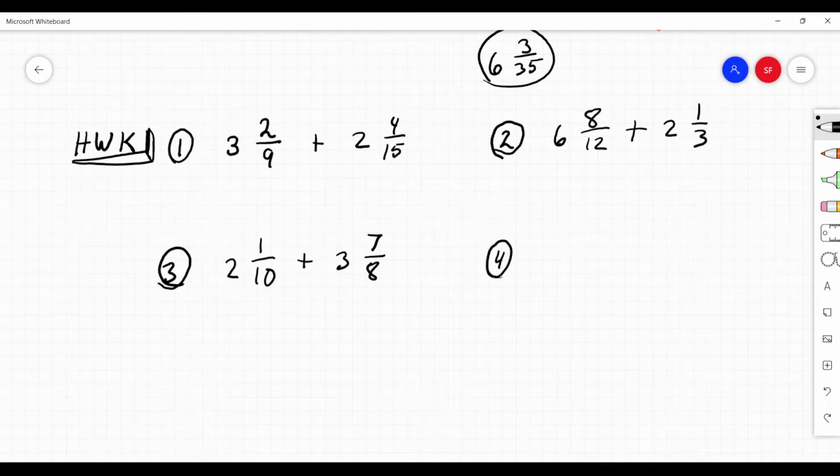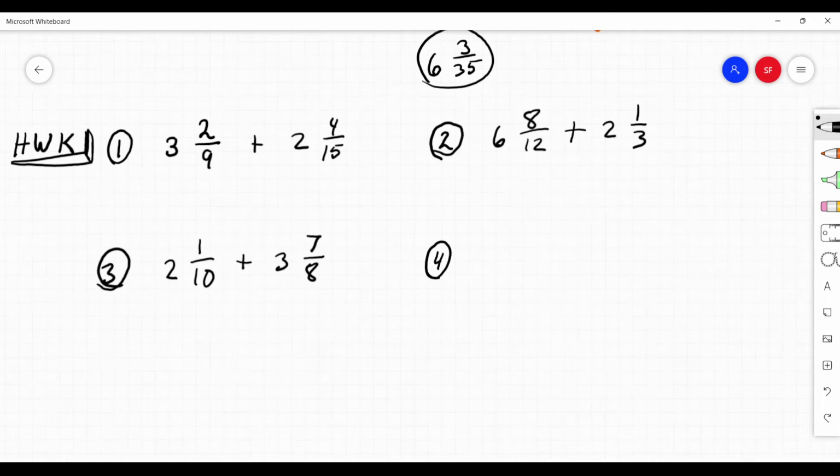Number 4 is going to be 6 and 18/3 plus 2 2/5. That's your homework. That's your time. Copy it and goodbye.